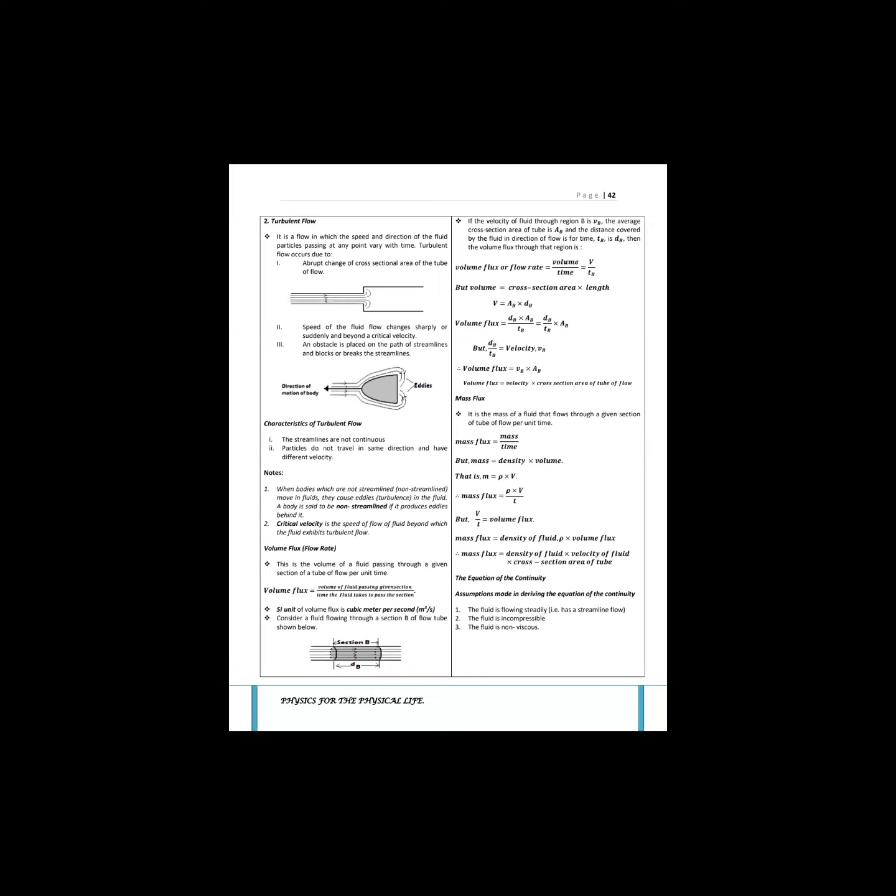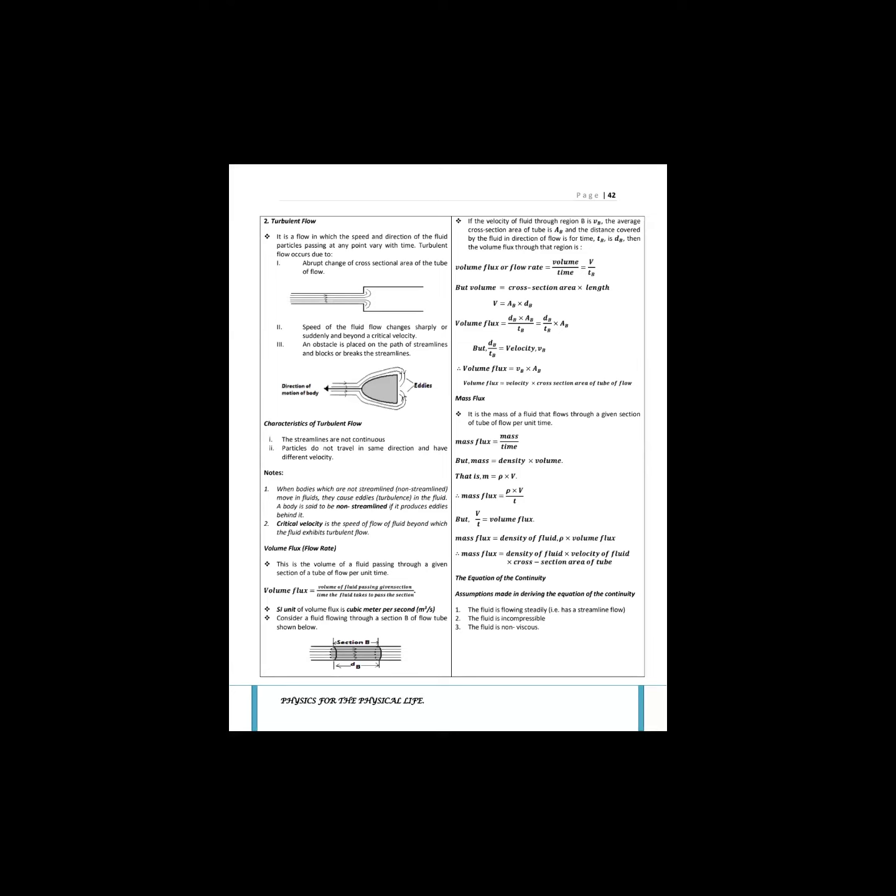So the formula for volume flux is velocity multiplied by A. Volume flux is V multiplied by A. So when writing the formula of volume flux, don't make short forms. You write in full. Volume flux is equivalent to V multiplied by A. That is the first case.